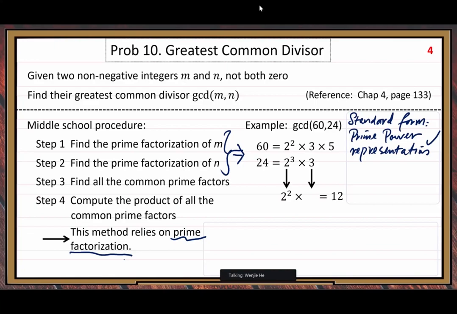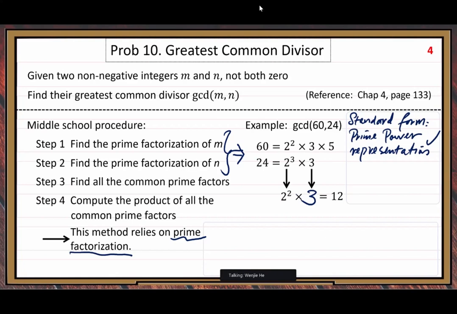For 5, there is no common factor. So the product of these two common factors, 2 squared times 3, gives us 12. So this is the middle school method.